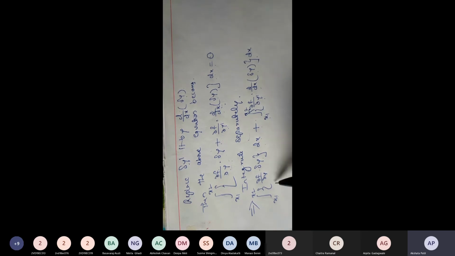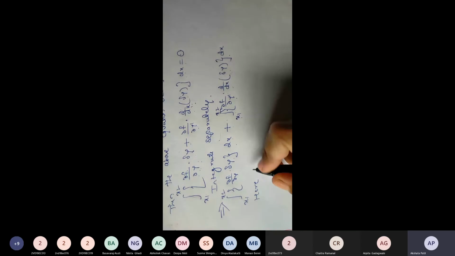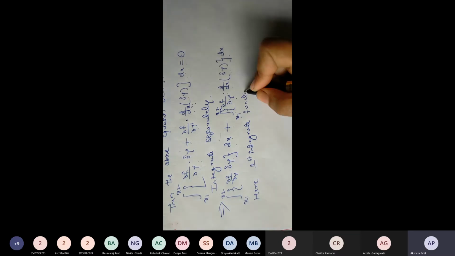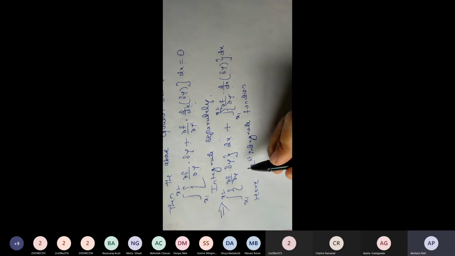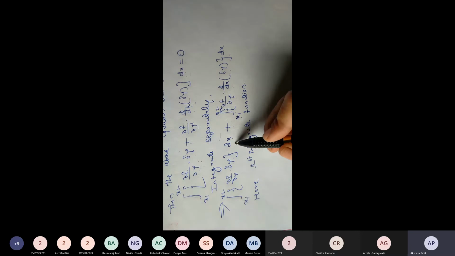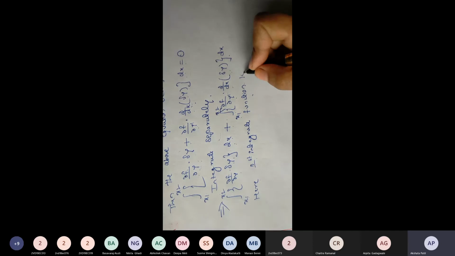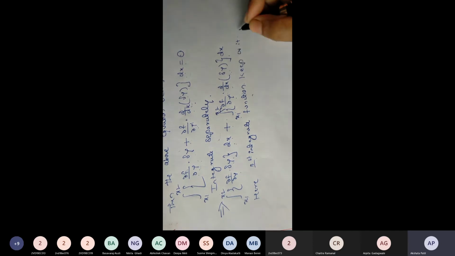The first function keep as it is, and only use integrating by parts on the second term. First function means dou f by dou y into delta y dx. Keep as it is.